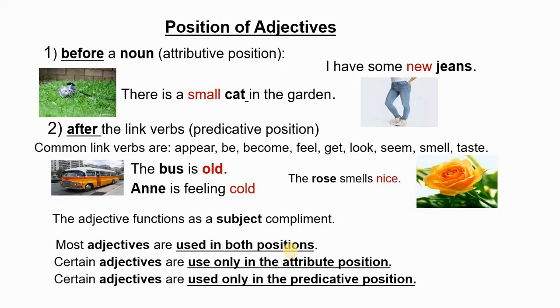So there are two exceptions, two groups of exceptions. First group, certain adjectives are used only in the attributive position. So certain adjectives can only be used before a noun.